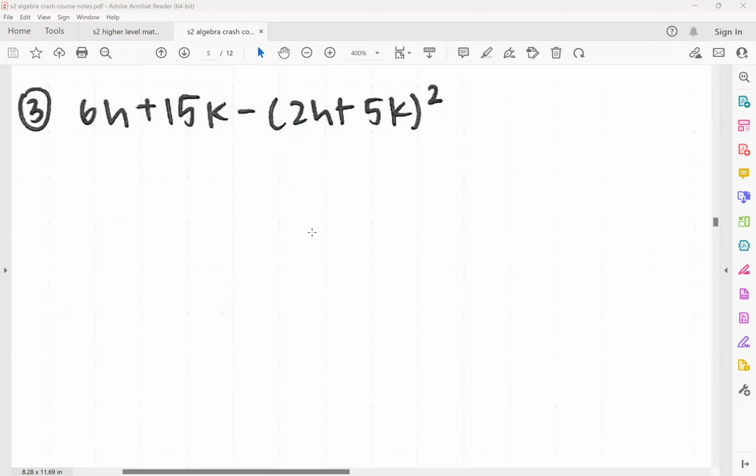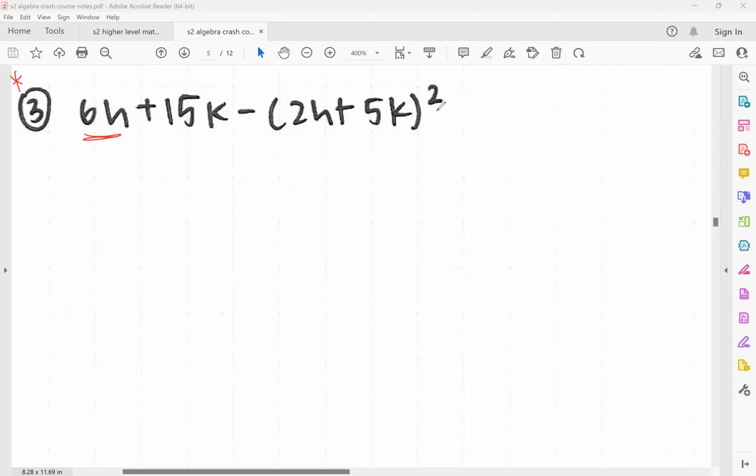Okay, now number 3, I want you all to take out a red pen and put a star. Now, why do I say that number 3 is very tricky? Because not many students can see it as a 4-term factorization. Because they'll see it as, oh, 1, 2, 3. Understand so far?